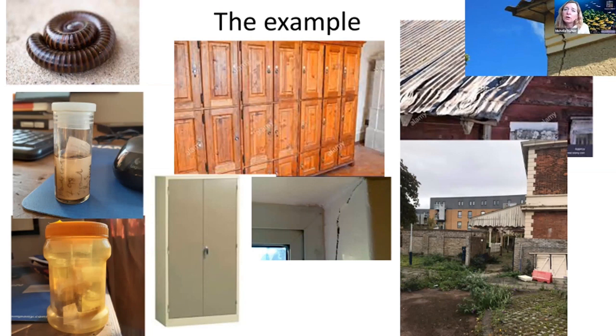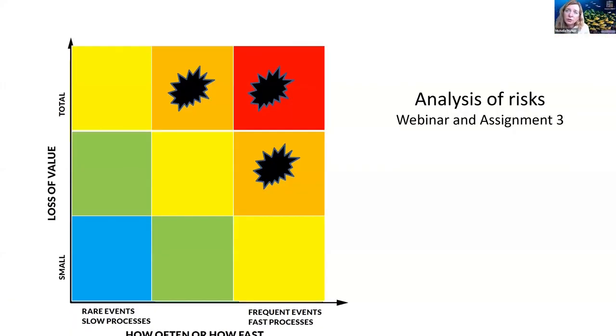So this is from the third topic, from the webinar, I think the third webinar, where we looked at different risks. And there was a way of analyzing those risks so that you don't try and tackle every single possible risk. You identify which are the most severe ones, which ones would have the biggest impact.